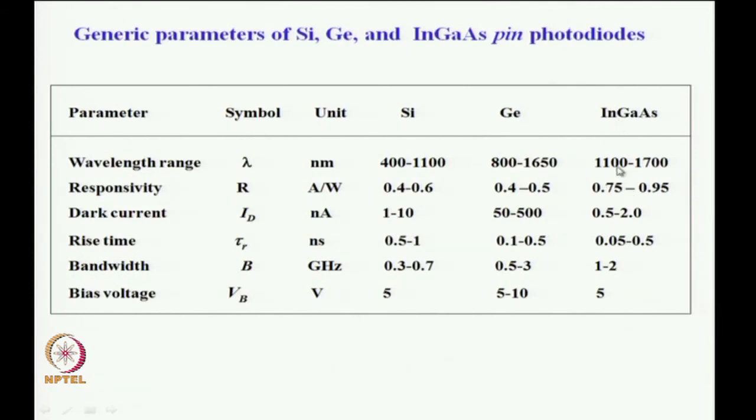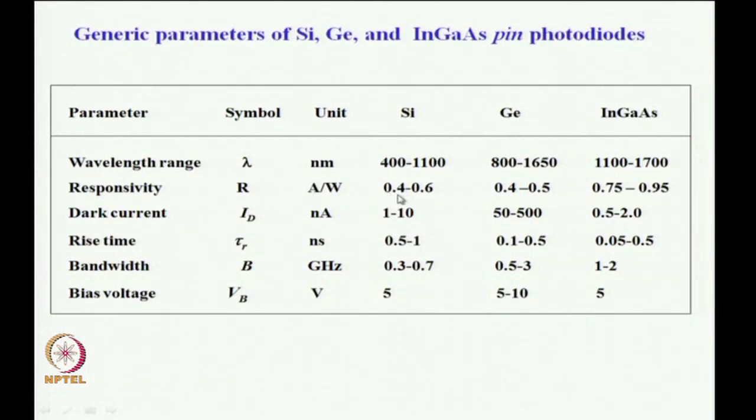indium gallium arsenide is primarily a good detector in this wavelength range, and that covers the optical fiber communication window. As we have discussed earlier, this is the detector which is widely used in optical fiber communication. The responsivity, typical numbers are here, in amperes per watt, it is current generated per optical power incident, that is why amperes per watt.